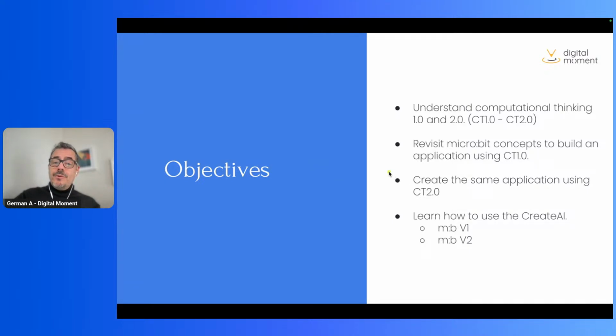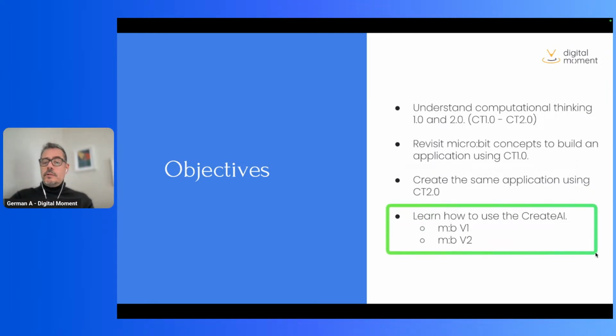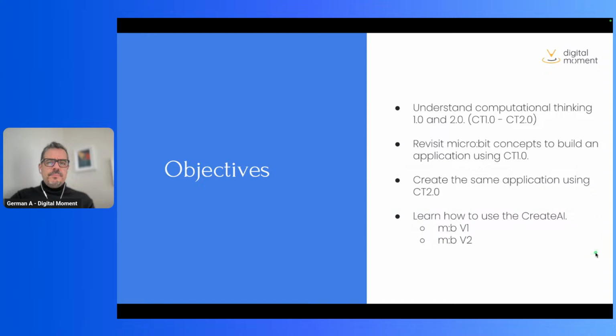And then we're going to try and solve the same application, but now using computational thinking 2.0. What are the challenges or the opportunities in doing so, and how can we do it? And then we're going to learn how to use CreateAI. Very simple, very friendly way of working.